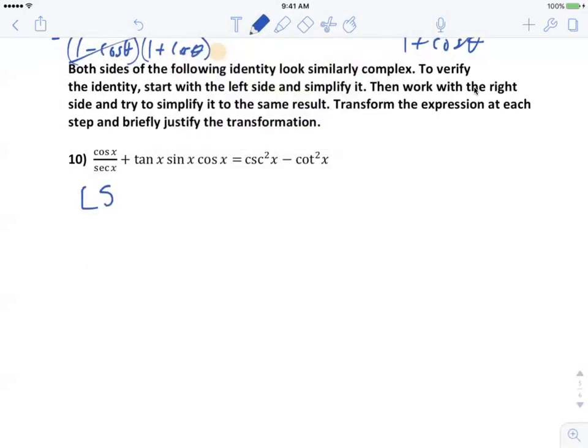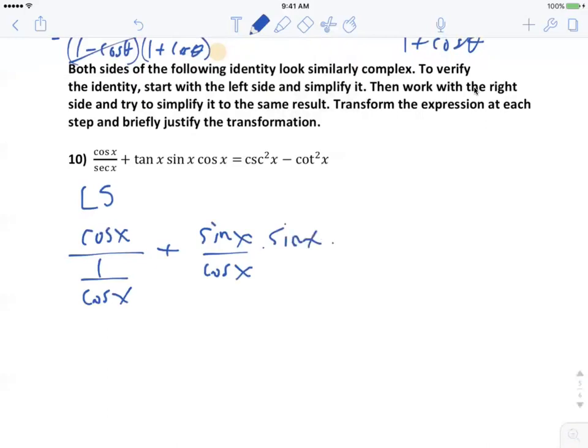Let's see. I would start doing everything in terms of sines and cosines. So we have cosine over secant, which is 1 over cosine. Tangent is sine over cosine. Sine is just sine, and then cosine. Okay. So there I can see that those cosines are going to cancel. And then this piece, this first piece, I'm going to multiply by the reciprocal.